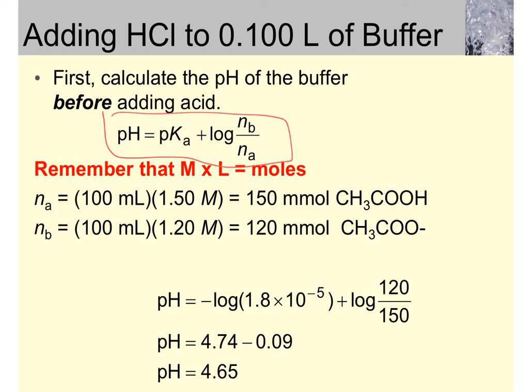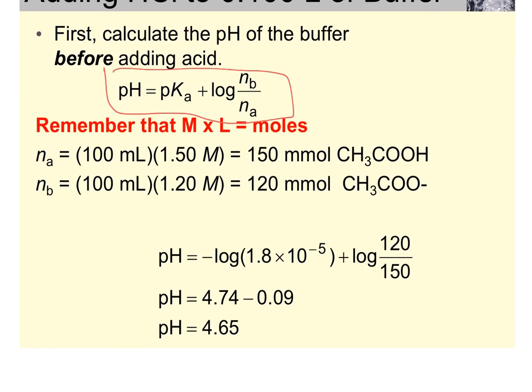The problem told us that it was acetic acid and its conjugate base acetate, and so that's how we know the pKa. And then plugging in the values they gave us for the buffer. This is just information that was given.